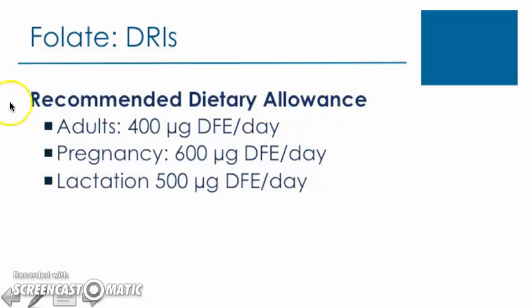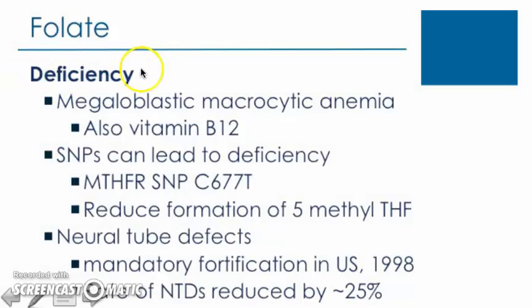We'll see now the RDA for folate. We see that in adults it's 400 micrograms per day, in pregnancy it's 600 micrograms per day, and in lactation it's 500 micrograms per day. We'll see key deficiency symptoms and risk factors. So those with low folate status will be at increased risk for developing megaloblastic macrocytic anemia.